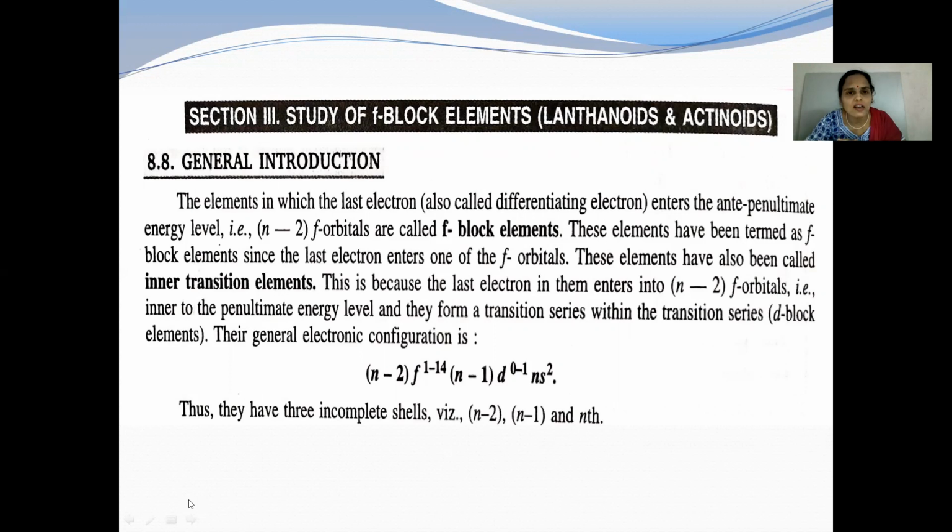Their general electronic configuration is (n-2)f 1 to 14 (n-1)d 0 to 1 ns2. Thus they have three incomplete shells, that is (n-2), (n-1) and nth shell. So we'll study about the lanthanoid elements first in detail.